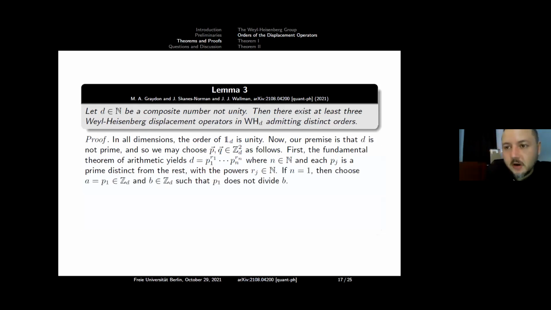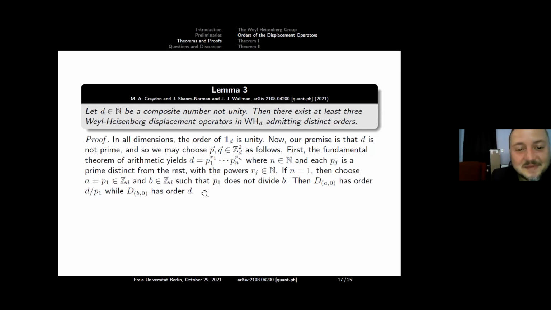If the dimension is a prime power, so that little n equals 1, then I'll choose little a equal to that prime, and I'll choose b such that p1 does not divide b, like before. Then the displacement operator D_{a,0} has order d over p1. Before that was 4 over 2, which is 2. Well, this one has order d.